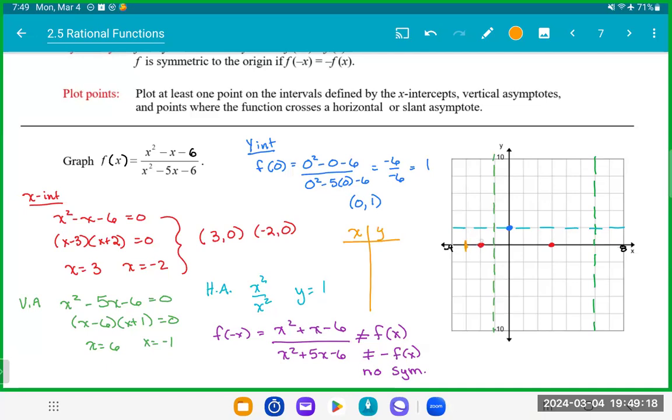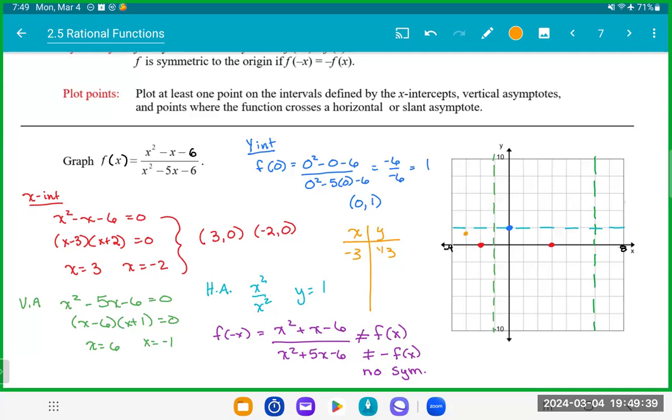So we can see how the behavior behaves. So if I plug -3 into my original equation, I get out a positive 1/3. So that is going to be this point somewhere about right here.